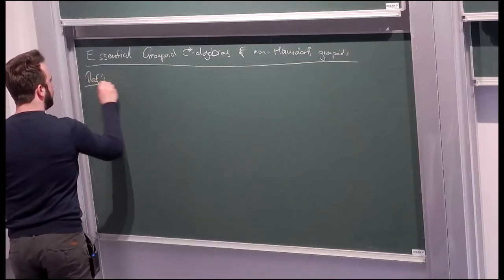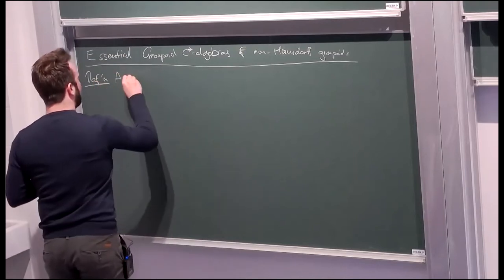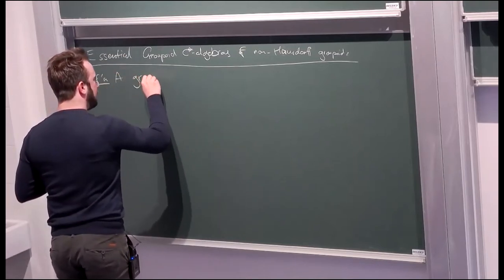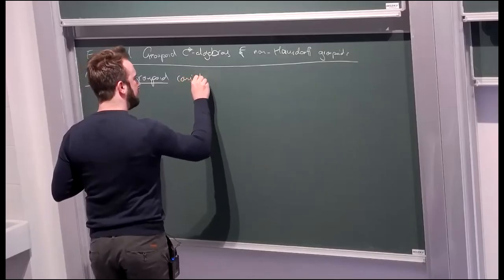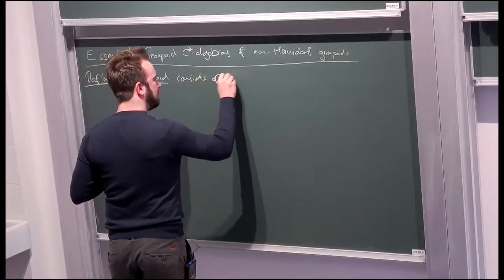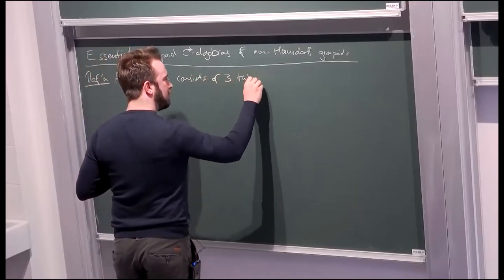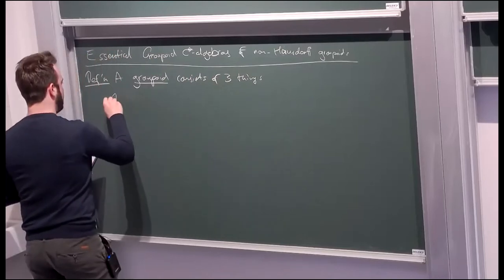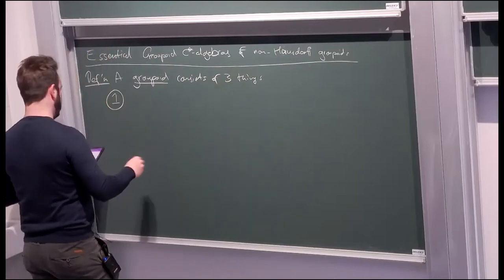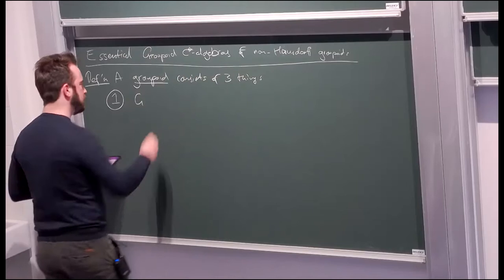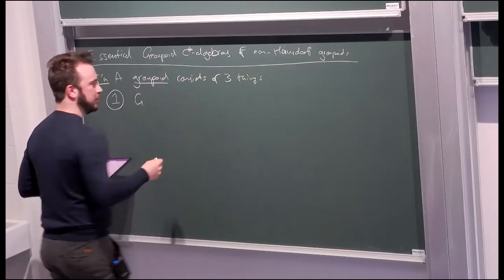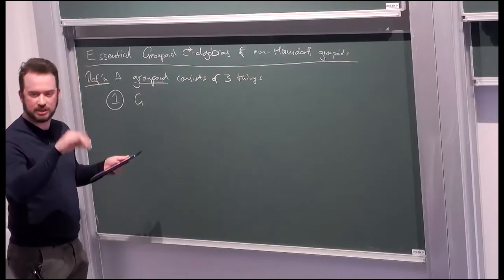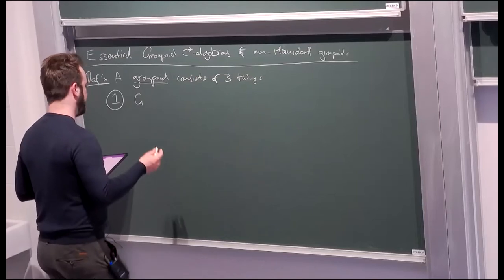Definition: a groupoid consists of three things. The first is you have a set or a space, which I call G. Some people use a math cal G, some people use the fanciest Gs they can find.